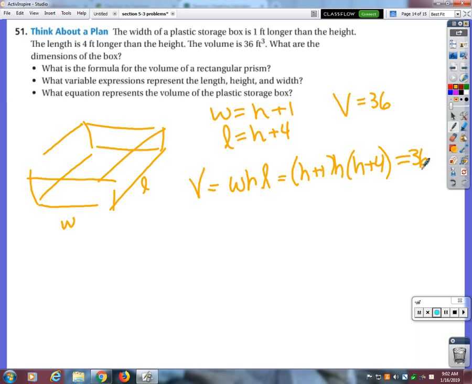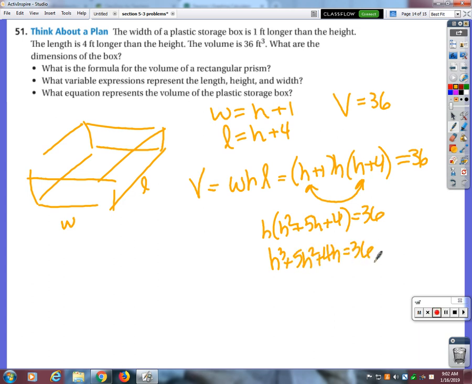Alright, so the first thing I'm going to do is FOIL these two things together. H plus 1 times H plus 4. And if I do that, I get H squared plus 5H plus 4. So I need that to equal 36. Then I'm going to distribute the H. H cubed plus 5H squared plus 4H equals 36.